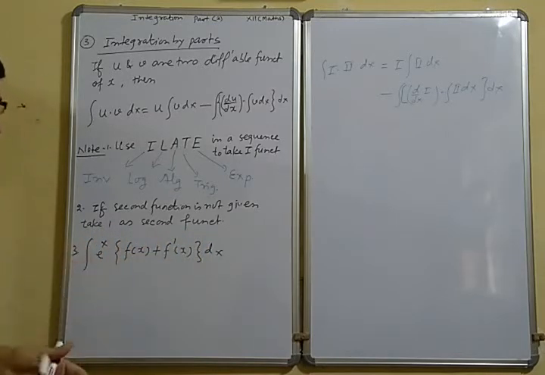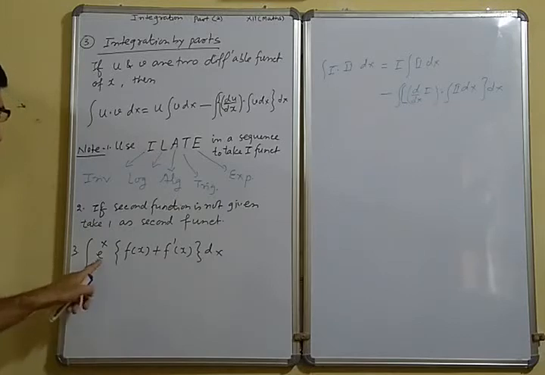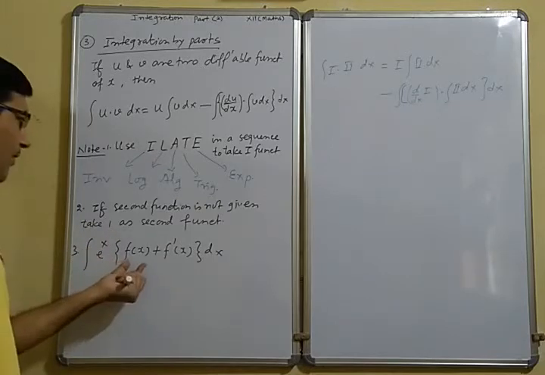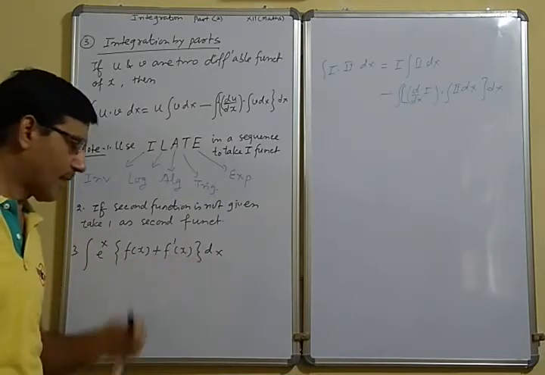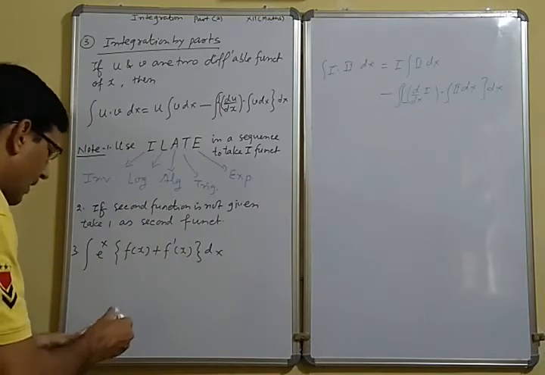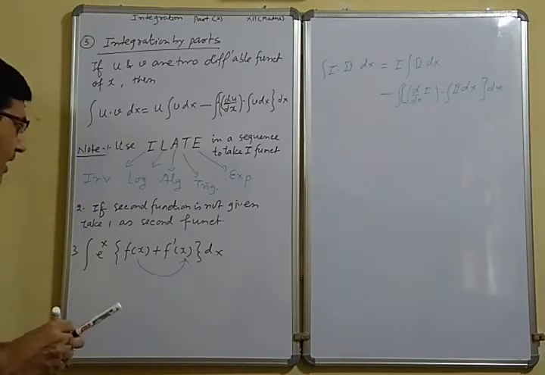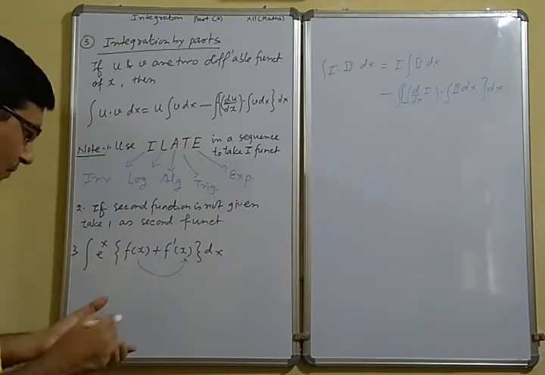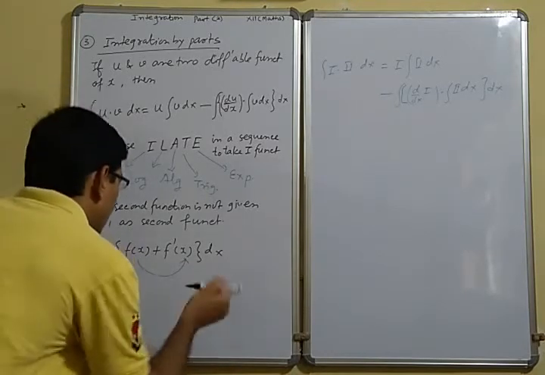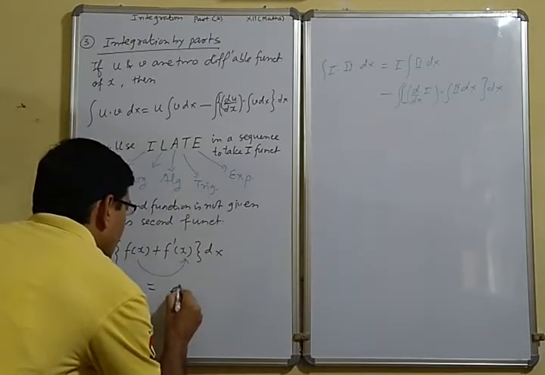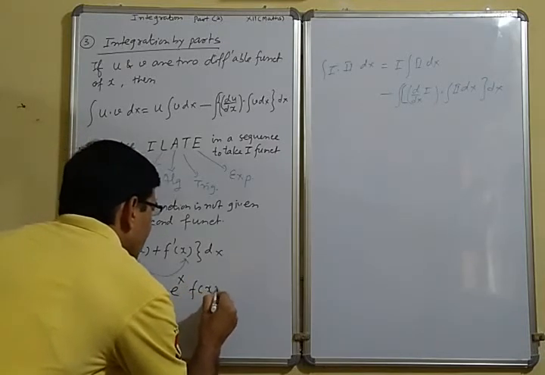Now one more formula: integration of e raised to power x (f(x) plus f dash x) dx. Here the differentiation of f(x) is f dash x, which is already given. So we have a formula for this: directly we can write it as e raised to power x f(x) plus c.